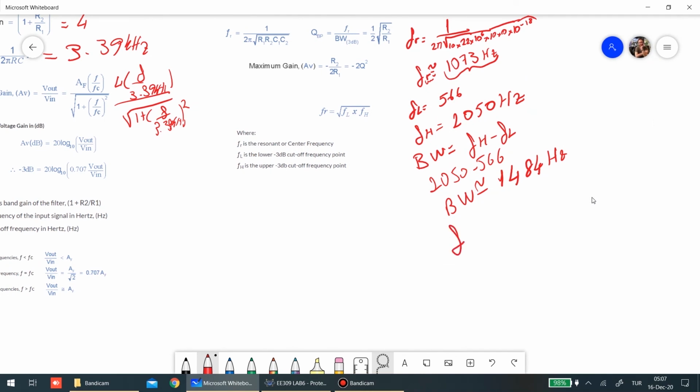Now let us calculate Fr again: the square root of F low times F high. It is approximately equal to 1077 hertz.